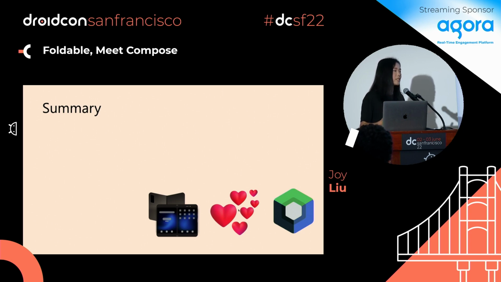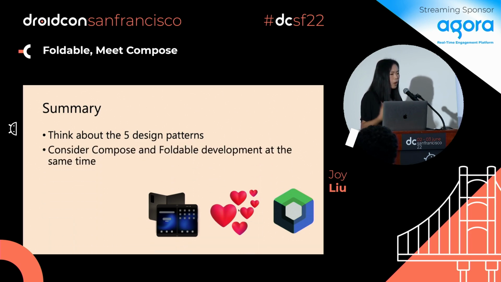But before you start it, you may need to think about what kind of UI would help your application most. So the 5 design patterns I mentioned before may give you some ideas. And Compose is a good candidate when you're building a responsive UI on this new form factor. So how about you considering Compose and Foldable development at the same time?